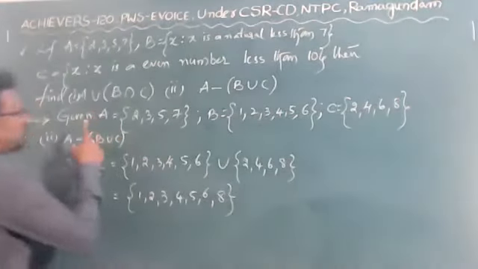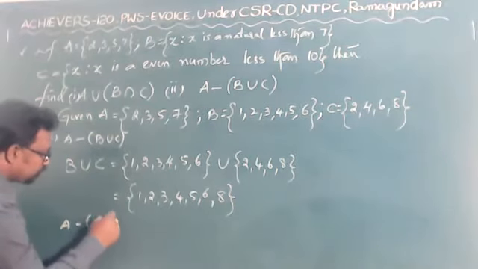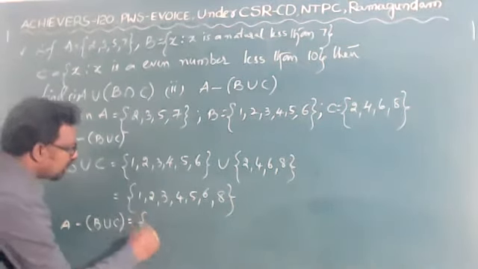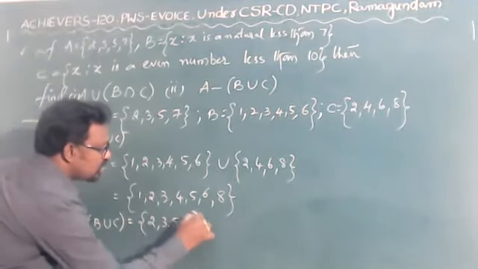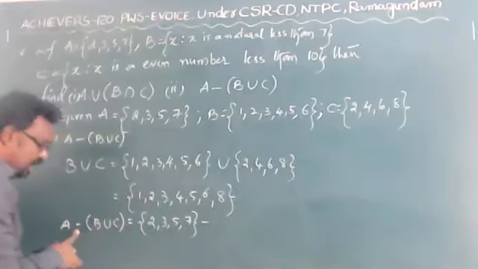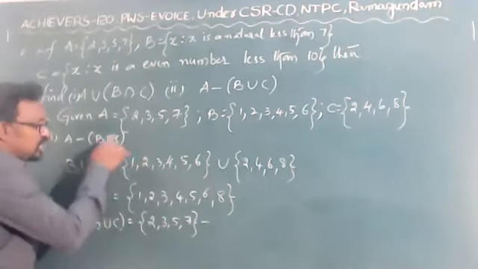Now coming to here. What is this? A minus B union C. Yes, what is A? Write down the set A, which you have, 2, 3, 5, 7. 2, 3, 5, 7 minus B union C. The result you got it. B union C result already you got.